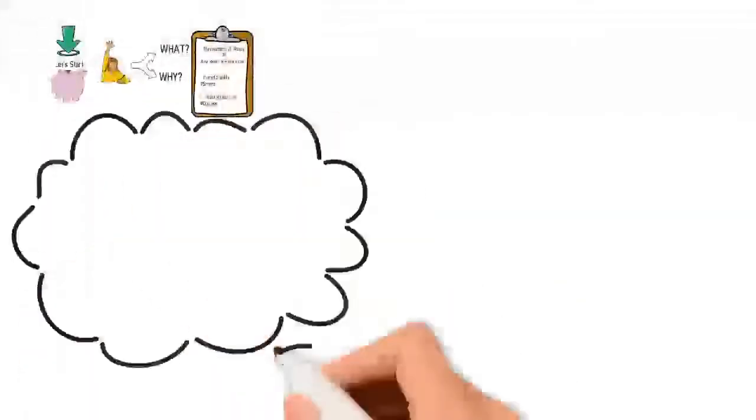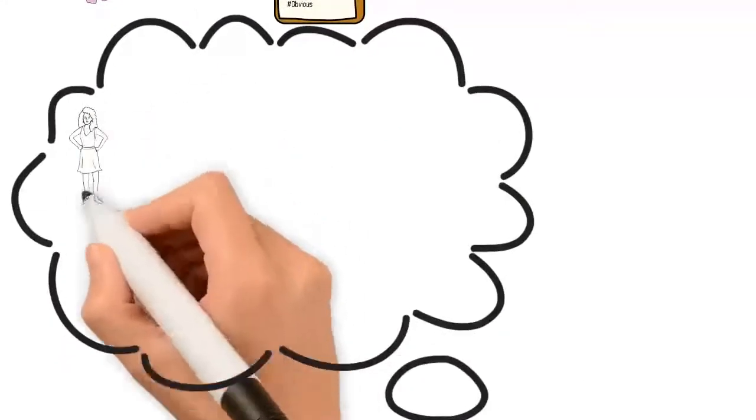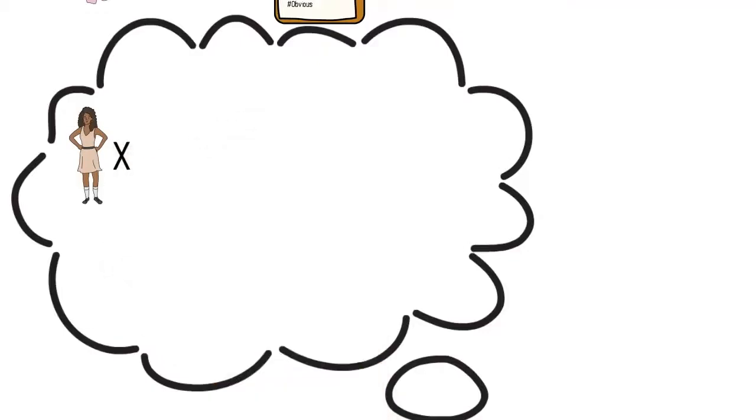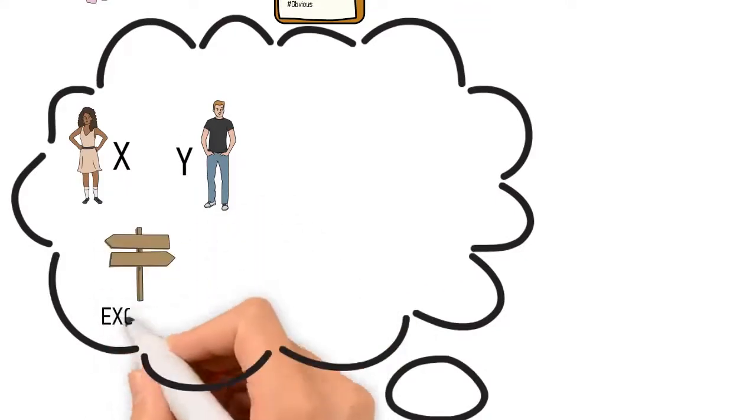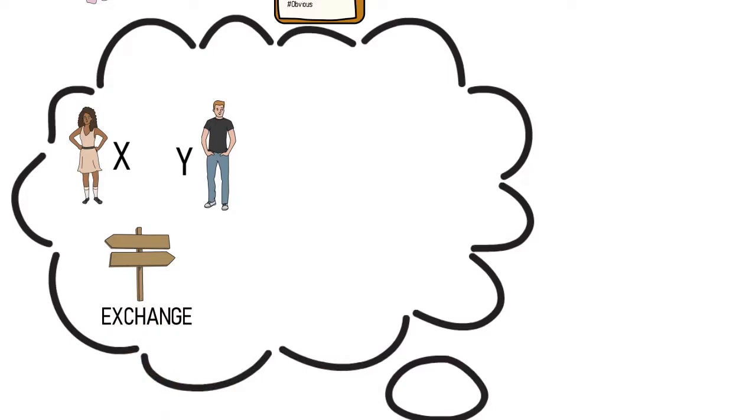Just imagine I have something called X and you have something called Y and we want to exchange it. So before exchanging, what do we do? We assign some value to each one. A bit complicated, right?